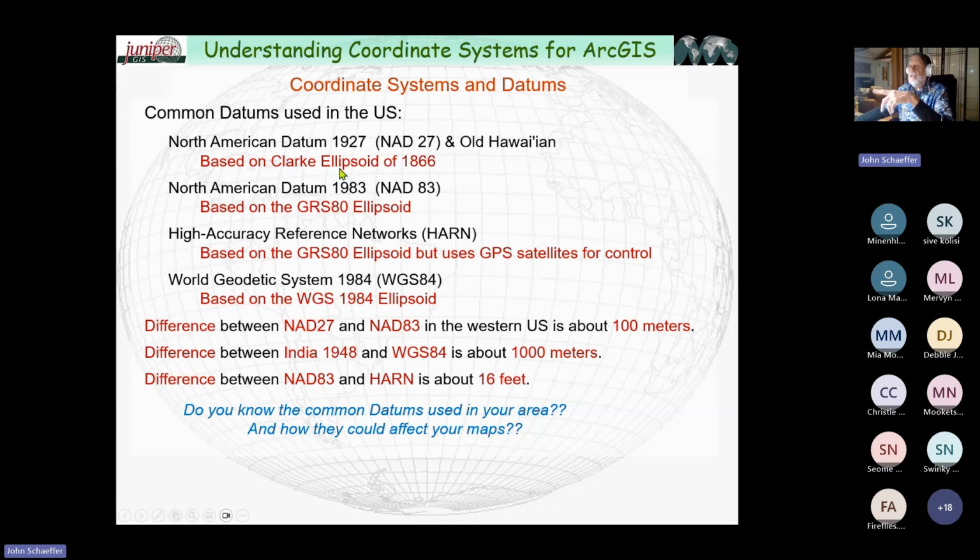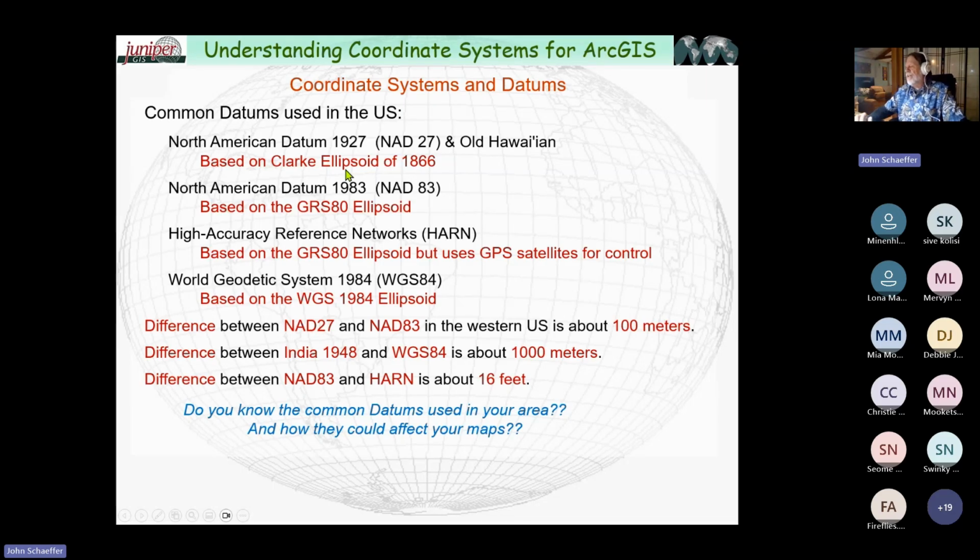I'll give you just an example here. In Oregon, we used to use North American Datum 1927 for a long time, and it's based on the Clark ellipsoid. One time I got data from the U.S. Forest Service, and someone had listed the datum as Clark.